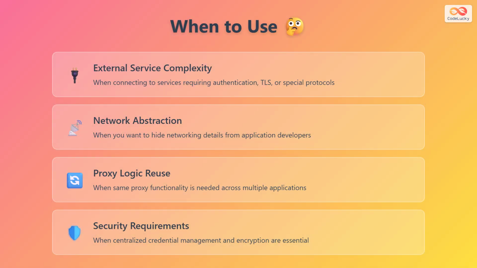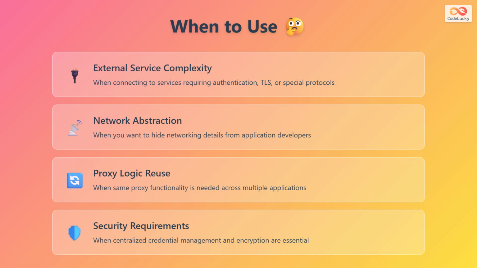Knowing when to apply the ambassador pattern is crucial. Use it when connecting to external services that require authentication, TLS, or special protocols that would complicate your application code. It's ideal when you want network abstraction, hiding networking details from application developers so they can focus on features.